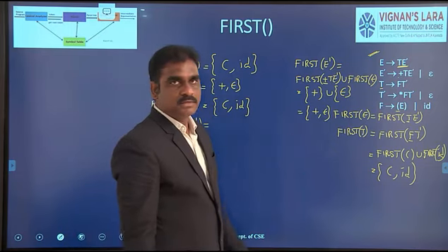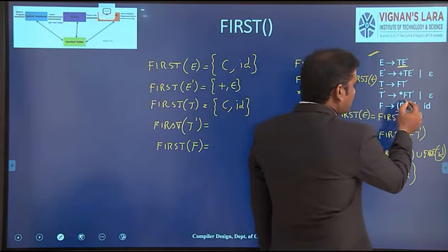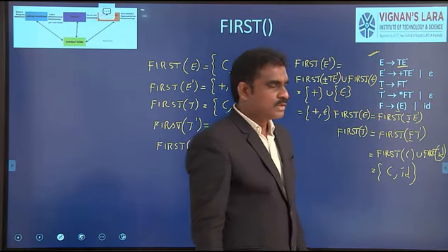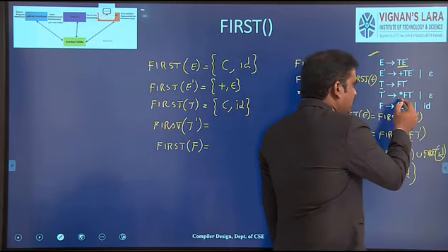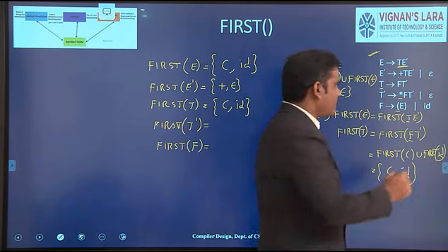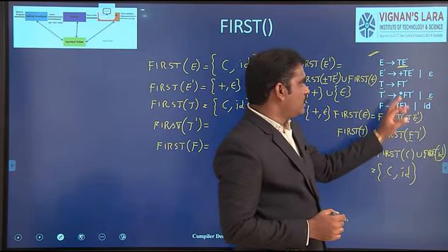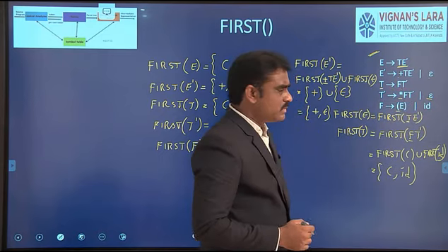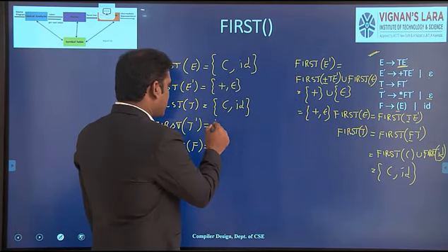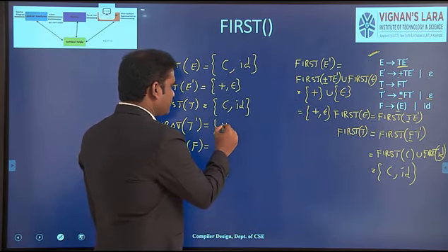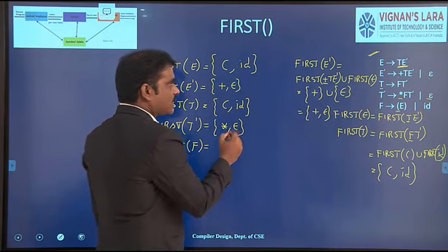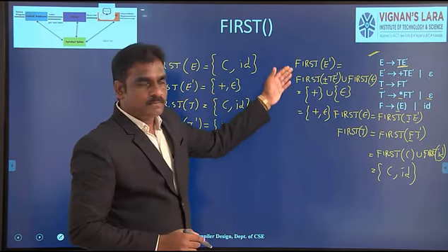Like E dash, T dash has two productions. The first production starts with star and the second production is epsilon. Both are terminals only, so the result is star comma epsilon.